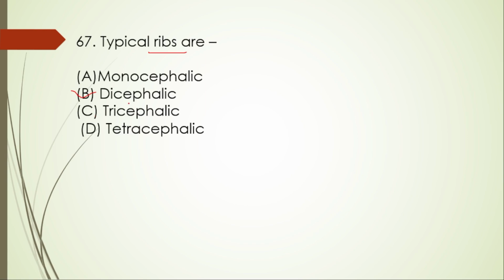They possess 2 articulation points, the head on their posterior end for the attachment of the vertebral column, so it is having 2 things, the head and the tubercles. The head connects with the bodies of the thoracic vertebrae, whereas tubercles connect with the transverse process of the thoracic vertebrae. So here it is called dicephalic. That's what, di means 2.